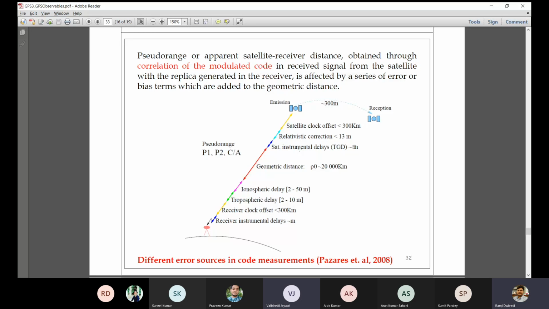So 1 into 10 power minus 6 multiplied by 3 into 10 power 8 becomes 300 meters. Just imagine that with a 1 microsecond error, you would be somewhere in the 300 meter range, above or below the surface of the earth. So the time measurement is very much important. That's what I'm trying to say here. Just look at the slide.